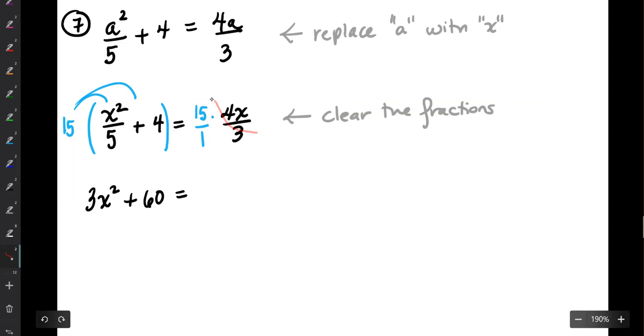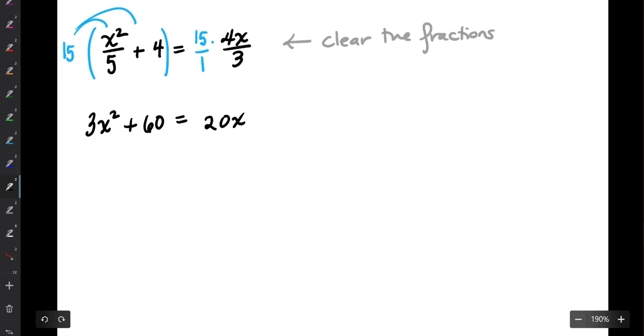There's a secret times 1 here. 15 divided by 3 is 5. And 5 times 4x is 20x. All right. If you need to put in more steps between here and here, that's perfectly fine. I did talk you through it though.